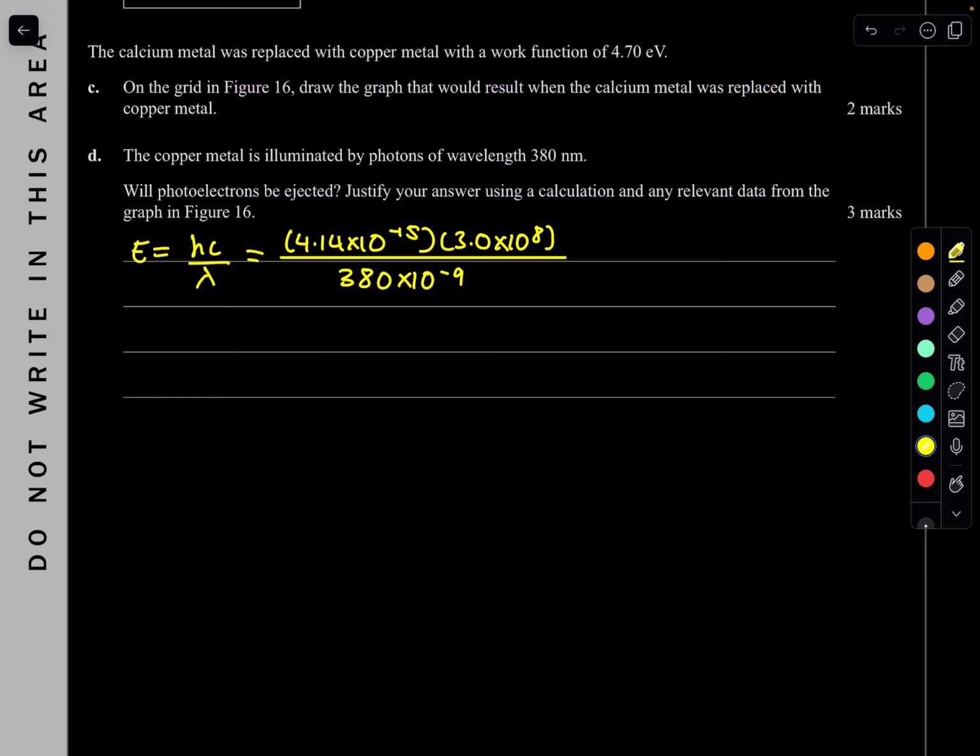And so I get 3.27 electronvolts. You can see that this energy is less than the work function, so no photoelectrons will be emitted. As the energy of the photons is less than the work function, no photoelectrons are ejected.